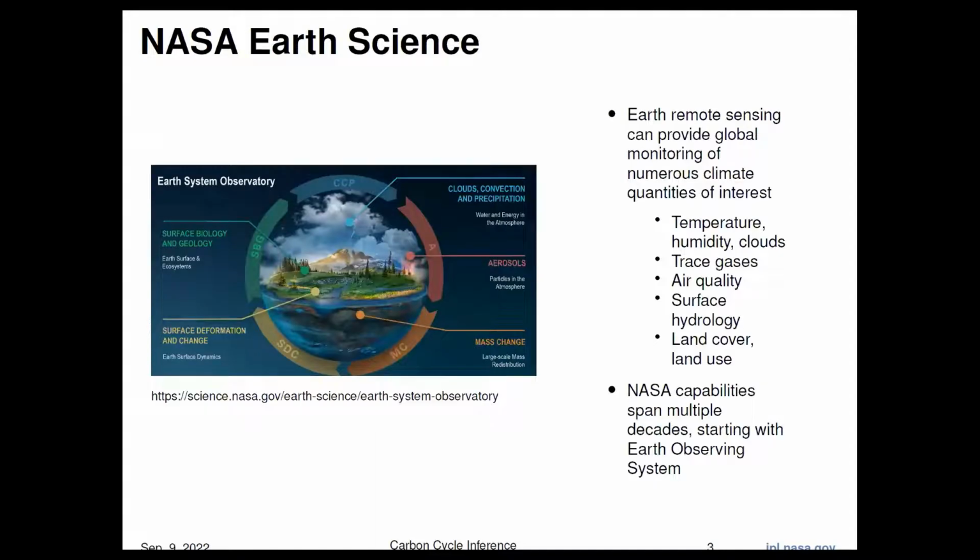So, okay, to get things started, a little background on NASA Earth science. The schematic on the left here is the so-called Earth System Observatory, and this is actually something that's in the works.